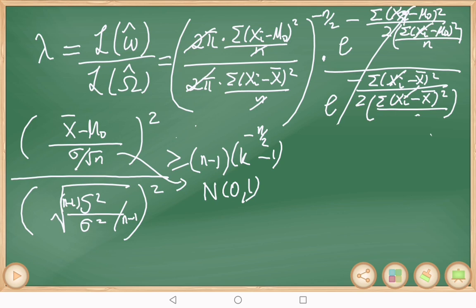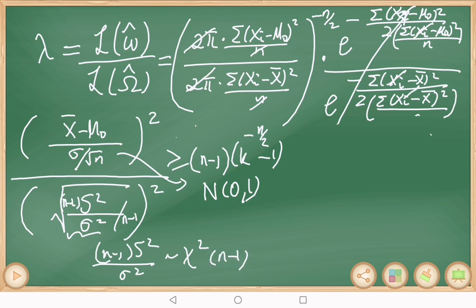So x bar will have the same mu naught, but with variance sigma square over n. So the standard deviation is sigma over square root of n. And how about this part? So this part, we know that n minus 1 s square over sigma square has a chi-square distribution with n minus 1 degrees of freedom.